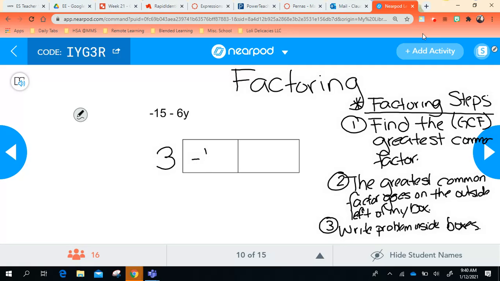I'm going to put negative 15 minus 6y. Okay, put your pencils down once you're finished writing so that I know I can erase.